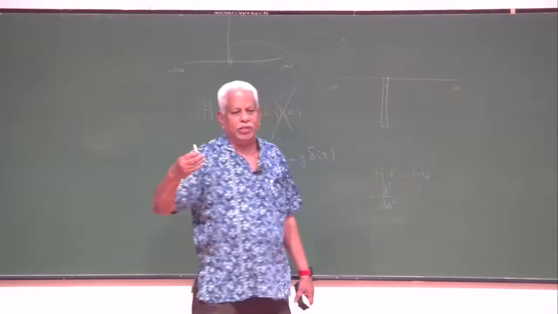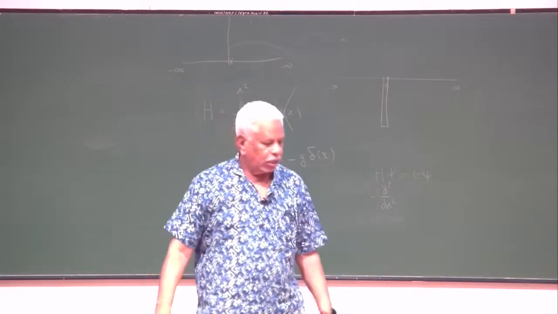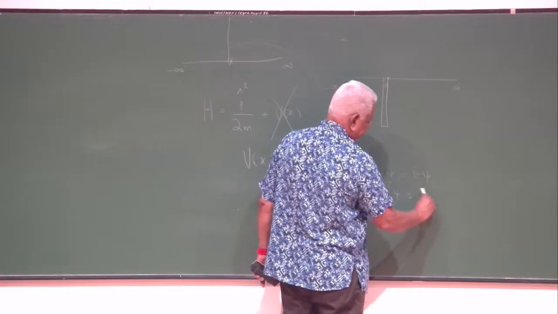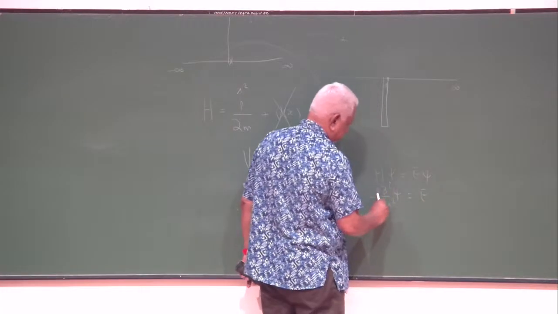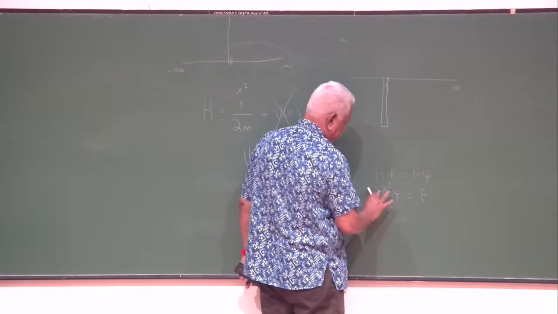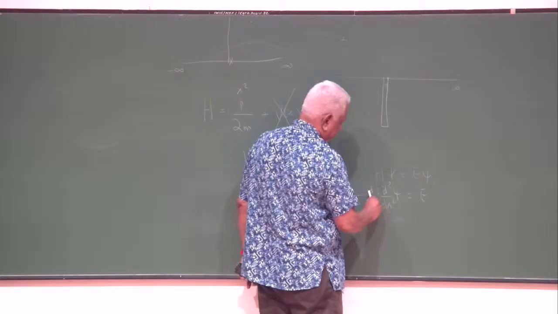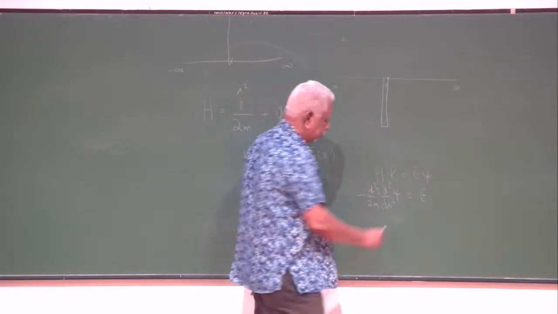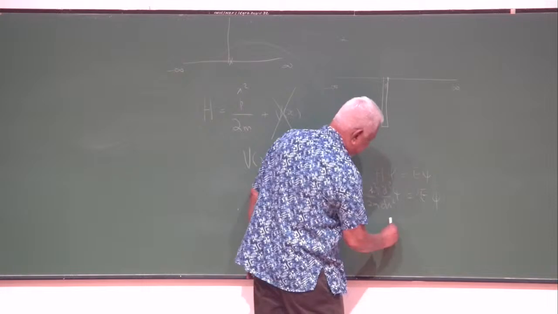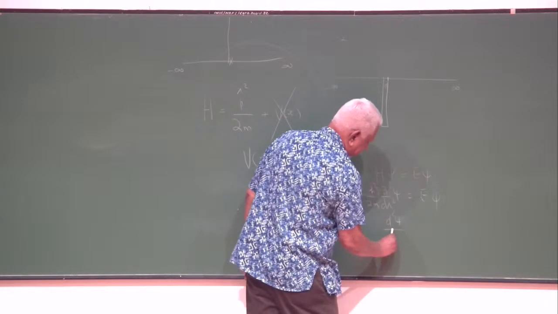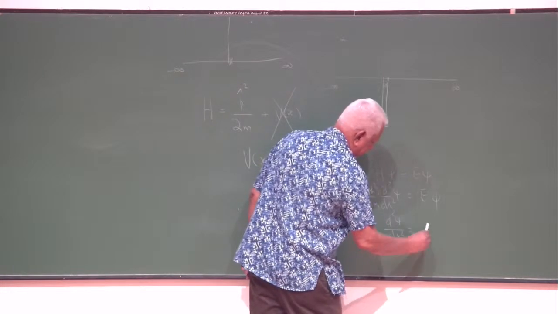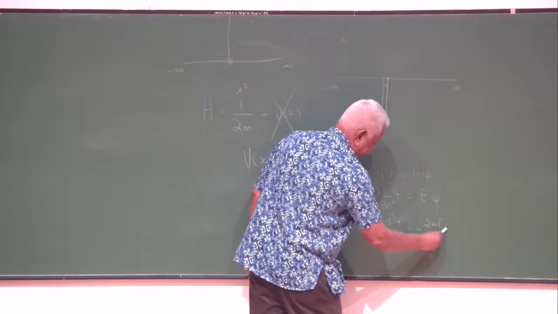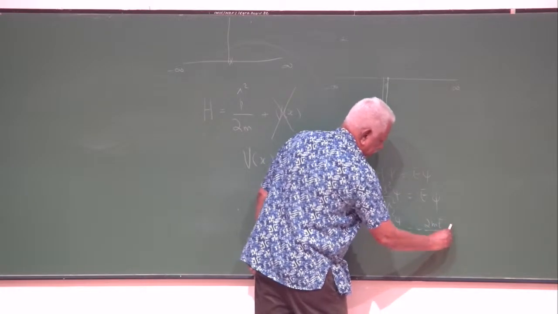So d square psi by dx square is minus 2mE by h bar square times psi.